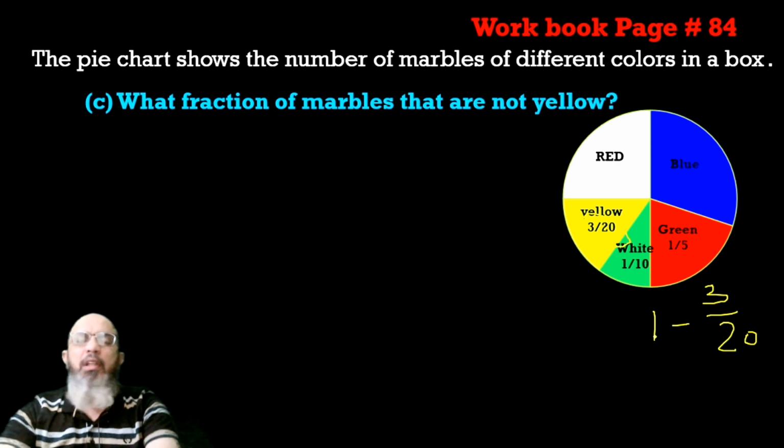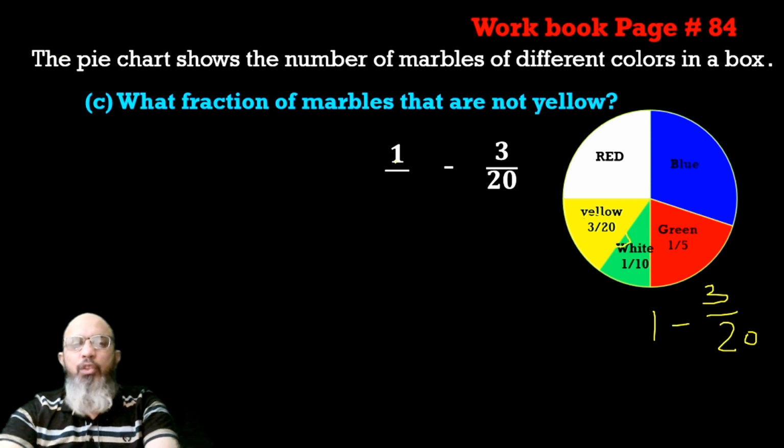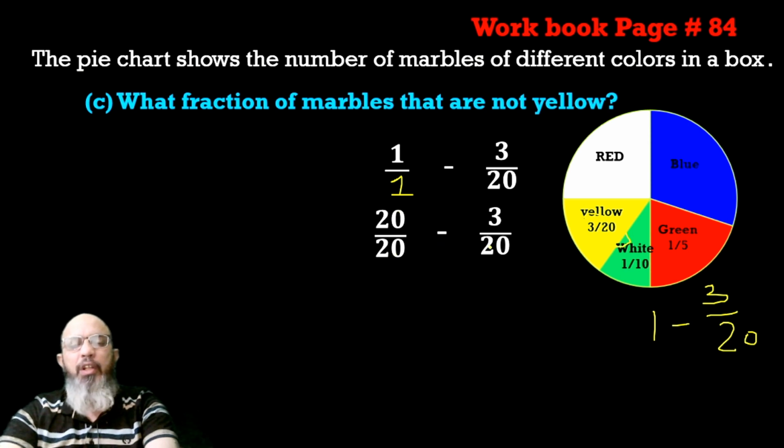That gives the rest of the marbles that are not yellow. 1 minus 3/20. We again have to make the denominator the same. There is no denominator at 1, so I can write 1 as 20/20, multiplying with 20. That means 20/20 minus 3/20. When you subtract these two values, we get 17/20. That is the fraction of marbles which are not yellow, right?